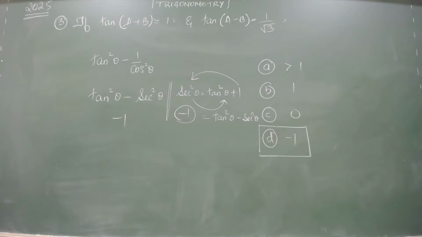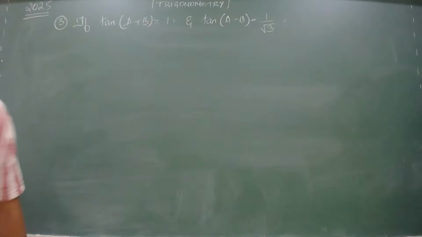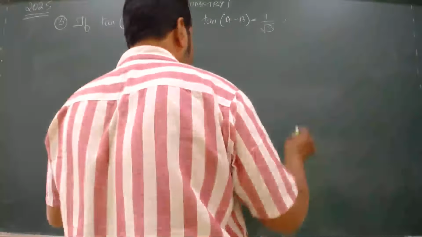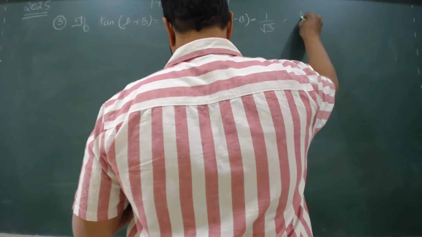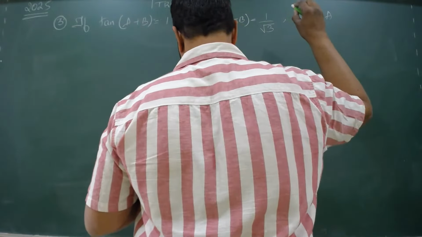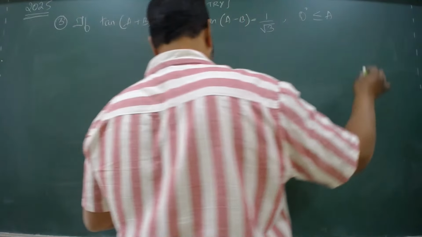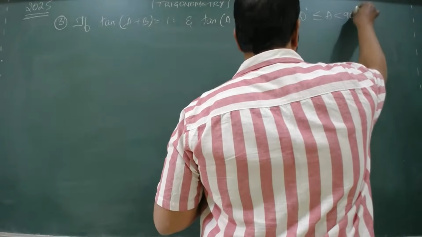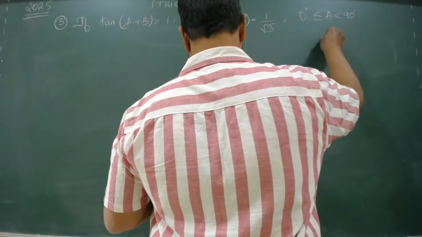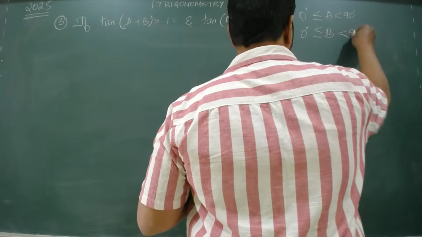Let me write the condition. A is greater than or equal to 0 degree but less than 90 degree, and angle B is again greater than or equal to 0 degree and less than 90.